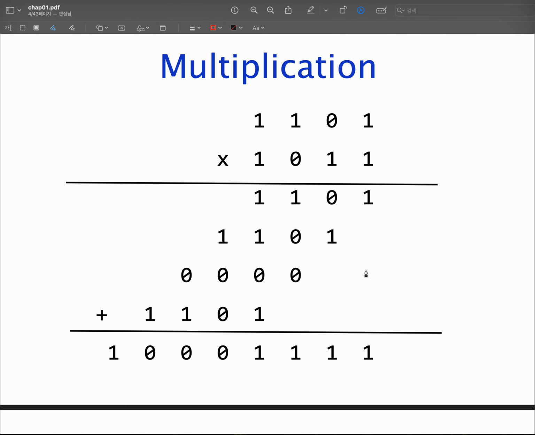So how about the multiplication? In this case, the multiplication is not that hard. There are two numbers, and both are written in binary.